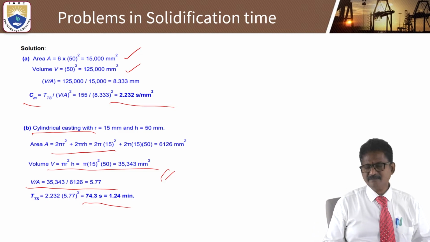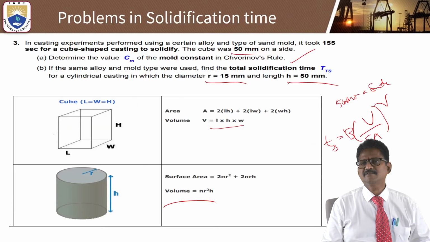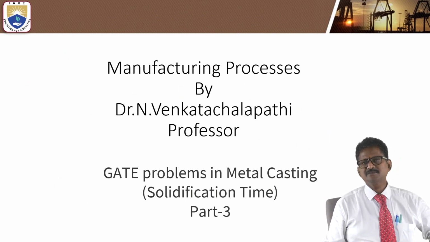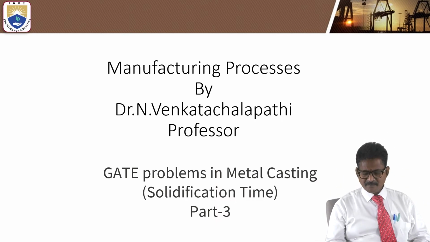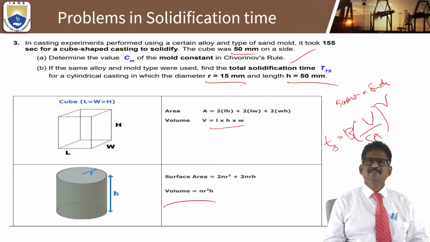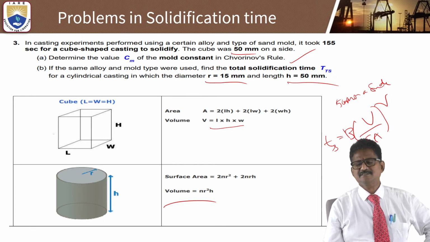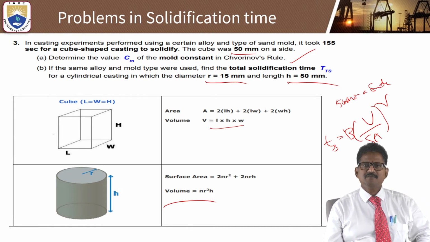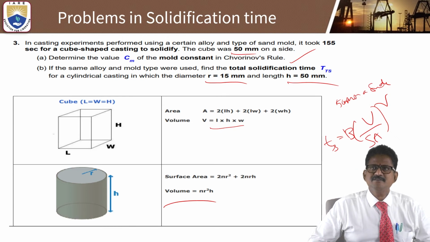So this is the problem to be discussed clearly for the examination point. Okay, this is how we are supposed to explain the solidification time in part 3. These types of simple problems may be asked in the examination. If you take a cube, L is equal to W is equal to H. Similarly, a cylinder has surface area and volume pi r square H. What I wanted to explain here is that R is equal to 15 mm and length is equal to 50 mm.